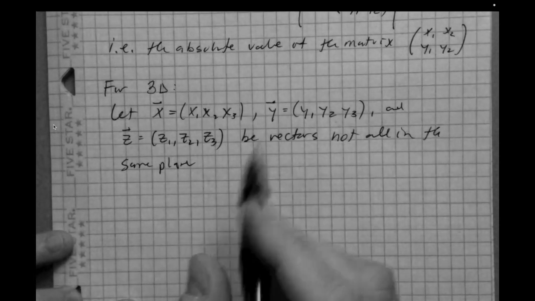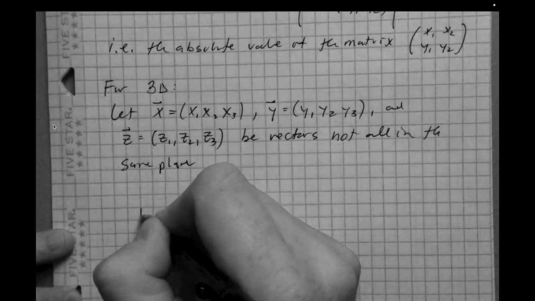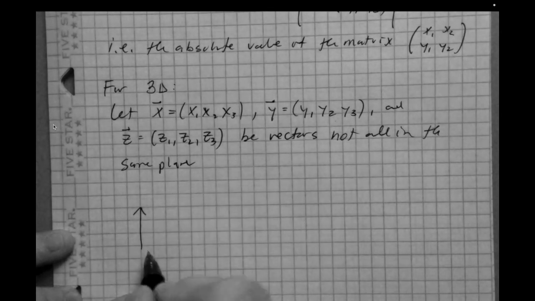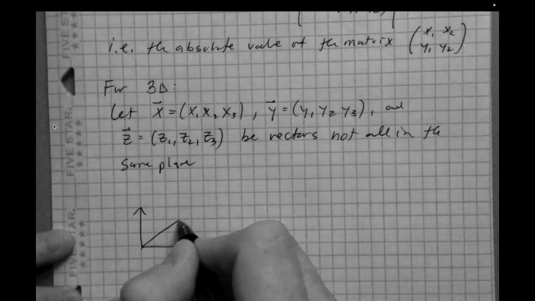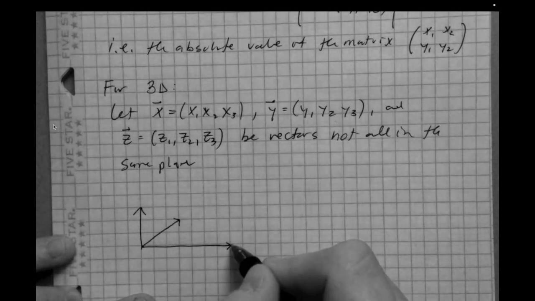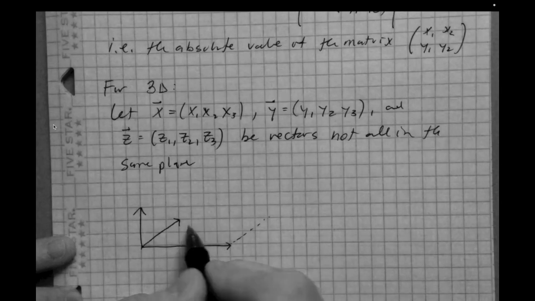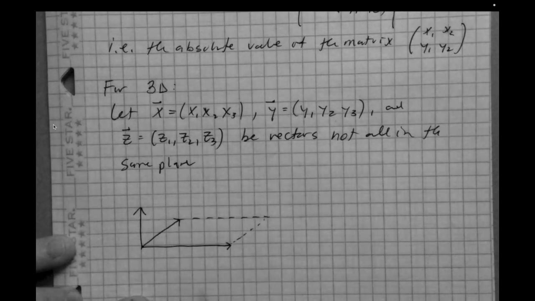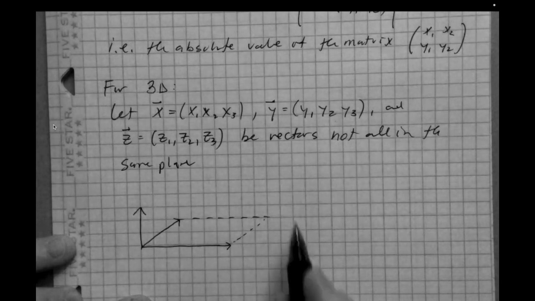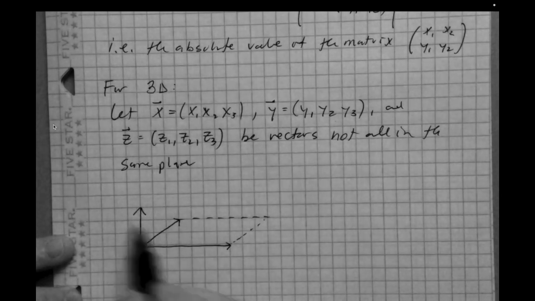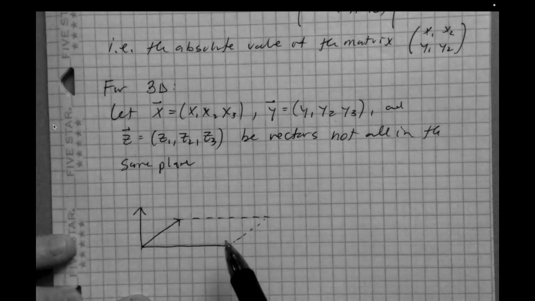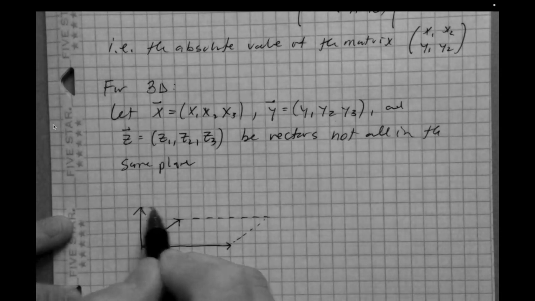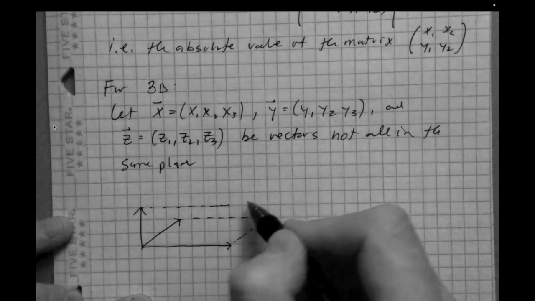Then these three, let's draw a picture here. All right, so let's say I've got a vector going that direction, a vector going that direction, and then another vector going that direction. Well, similar to the way that the previous 2x2 scenario implied a parallelogram, these are going to imply what's called a parallelepiped, right? And so it's going to look a bit like this.